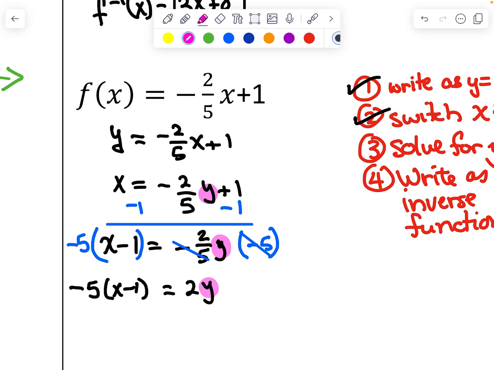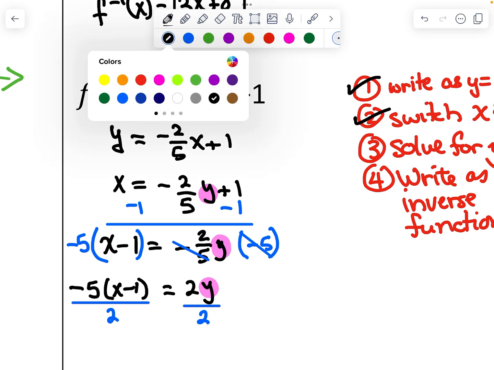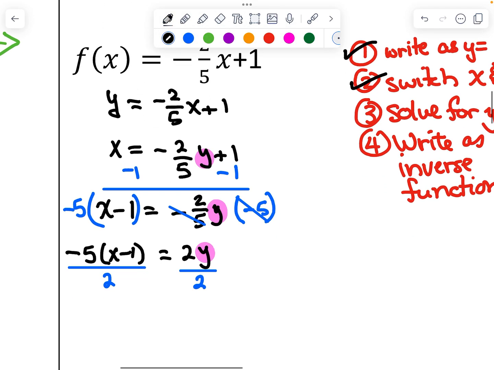And then to get y by itself, we would divide by 2. And we would have negative 5 halves (x minus 1) equals y.